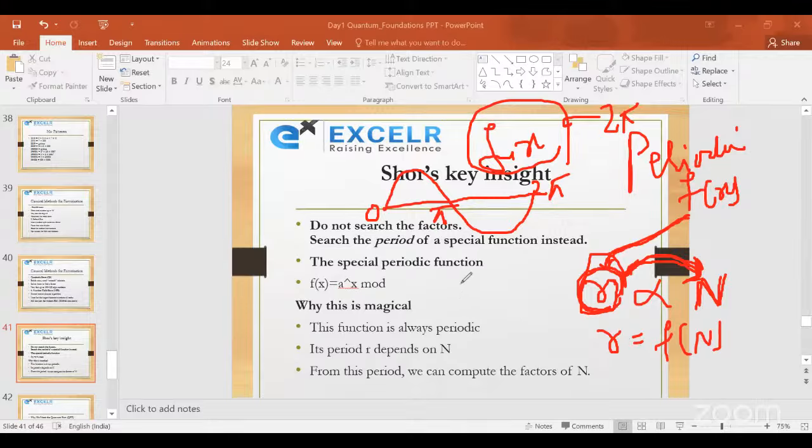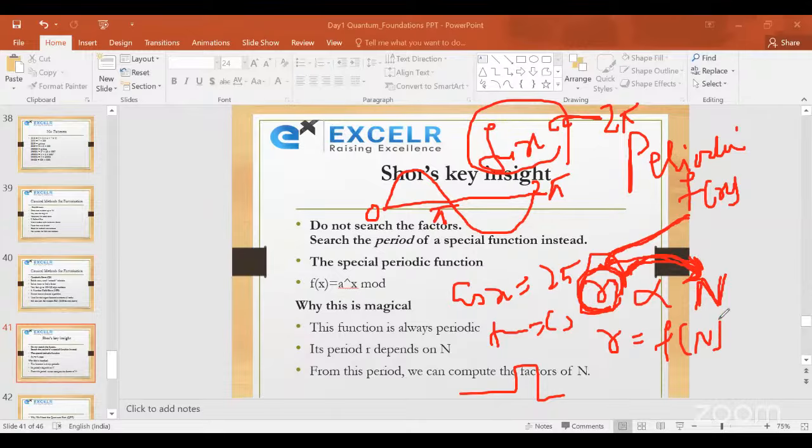The periodicity of cos x is also 2 pi. Tan x should also have some value, I am not recalling it. But all these trigonometric functions or square wave functions, all these wave functions have a periodicity which is either a constant or, if not constant, does not depend on n.